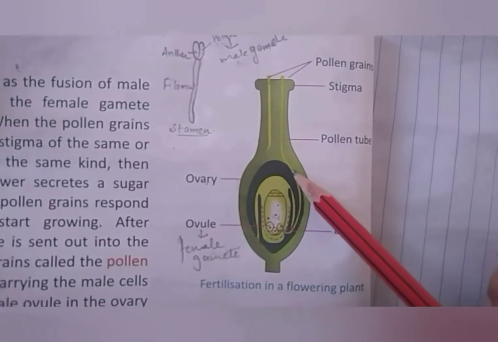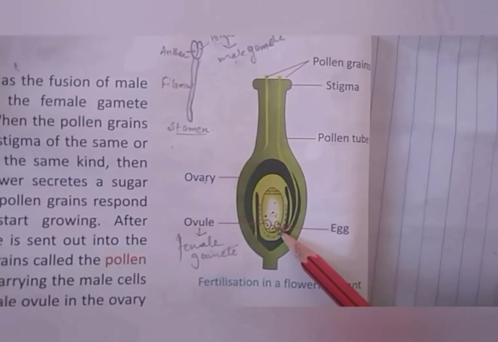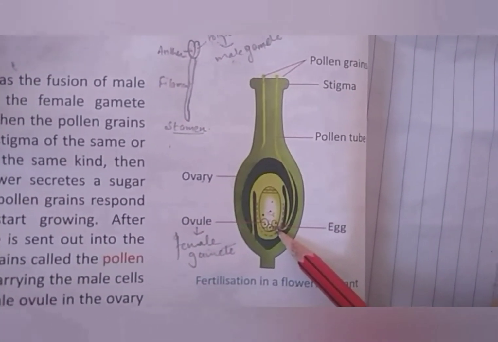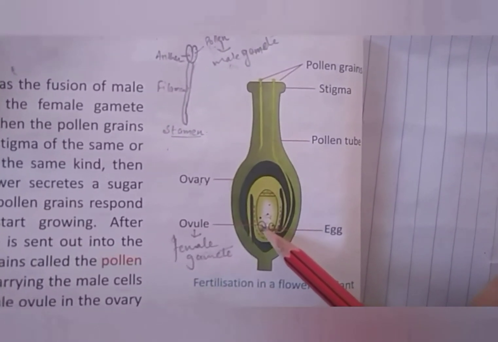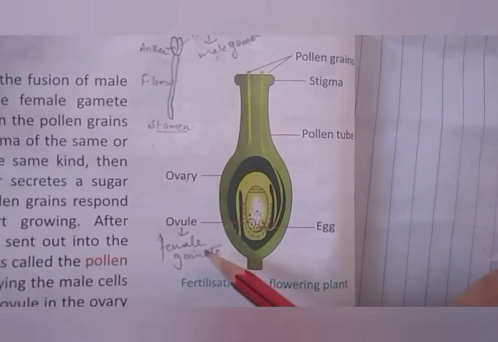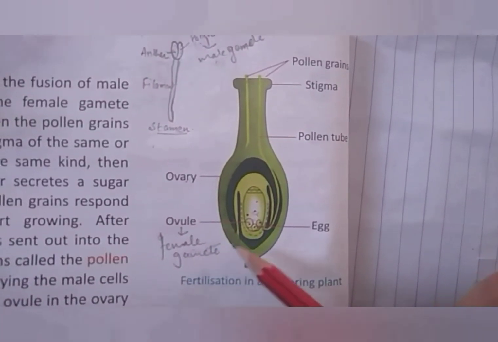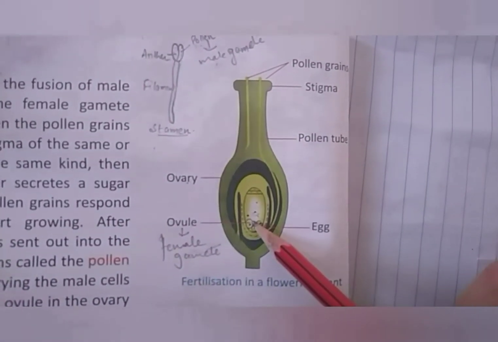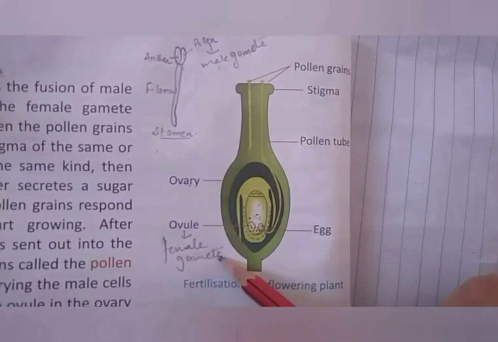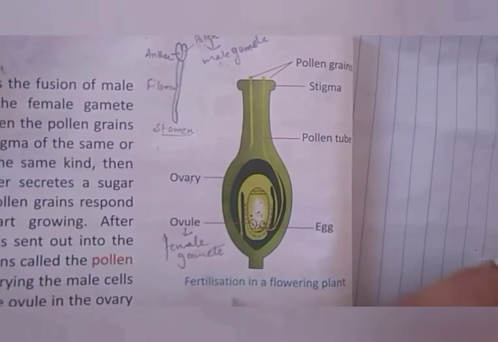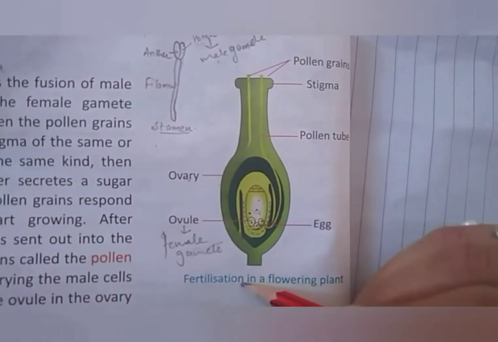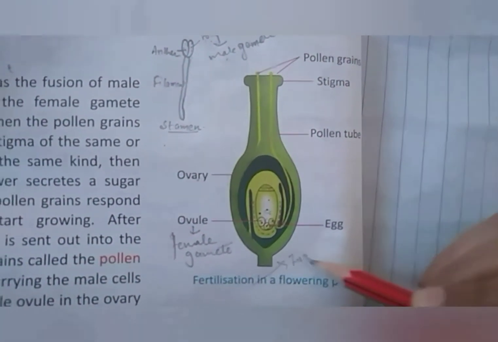As the pollen tube reaches the ovule, the tip of the tube opens and releases the male gamete into the ovule. Already the female gamete is there. So as the male gamete is released, it fuses with the female gamete, which results in fertilization. And after fertilization, a new cell is formed which is known as the zygote.